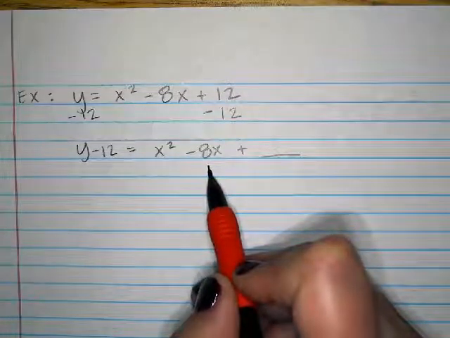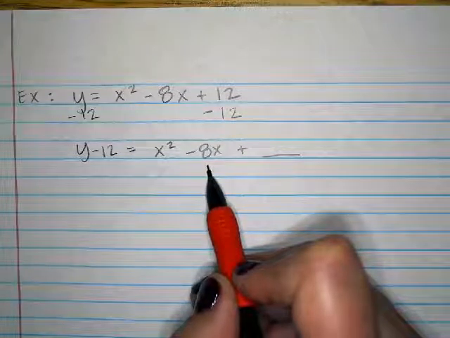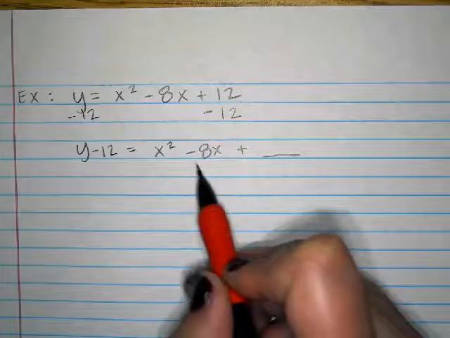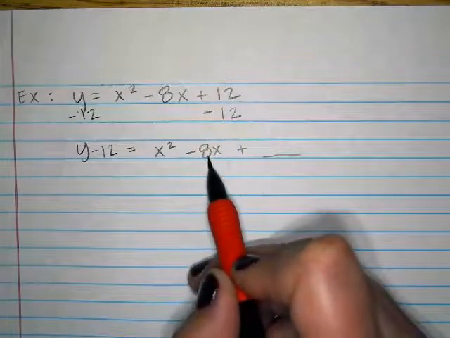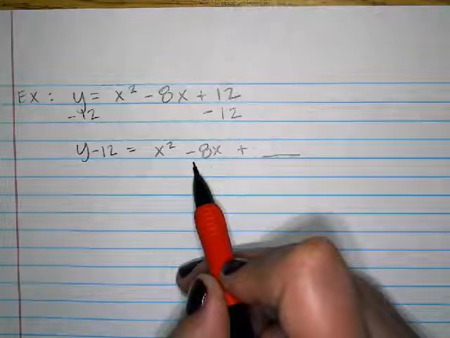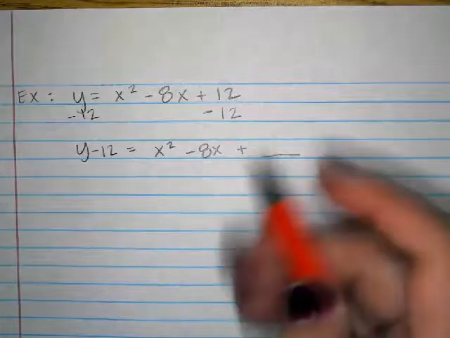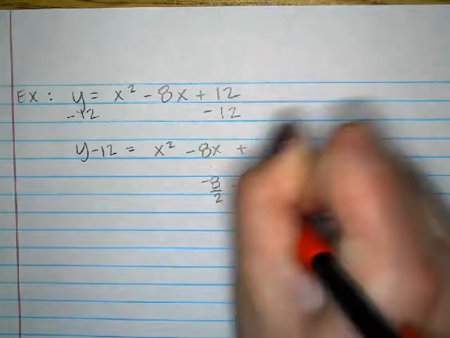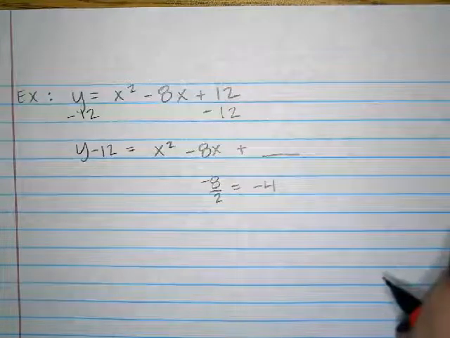Okay, next, I've got the negative 8, and then what do I always do with this middle term? Divide it by 2. We never divide it by something else, we always divide it by 2.